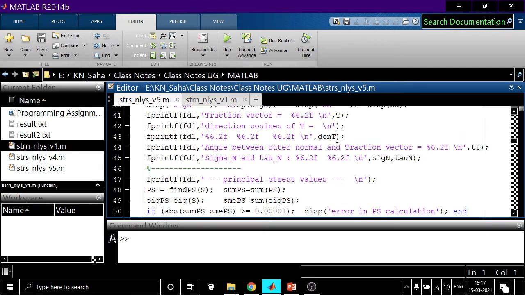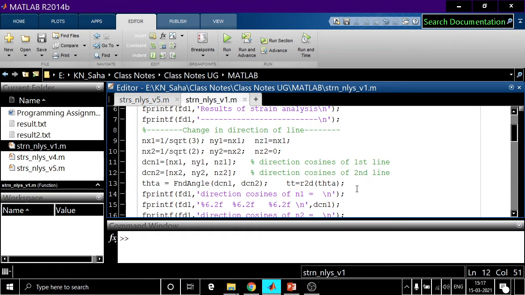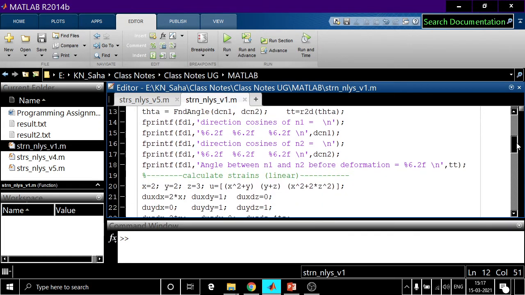That part we calculated there. The angle between our resultant stress vector, the t vector, our traction vector, and the direction cosines of the line, that is what we are now using here, in a function. So let us see what the find angle function is.